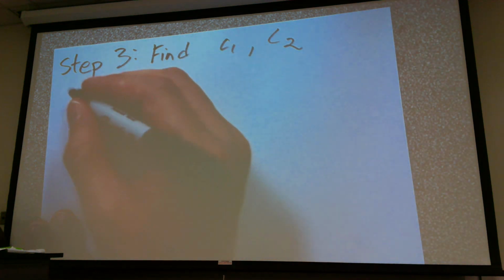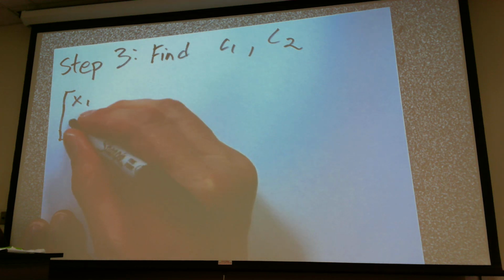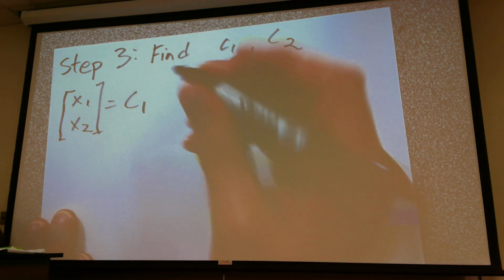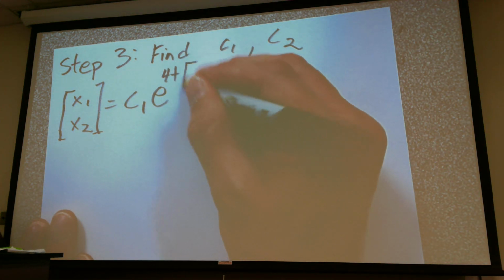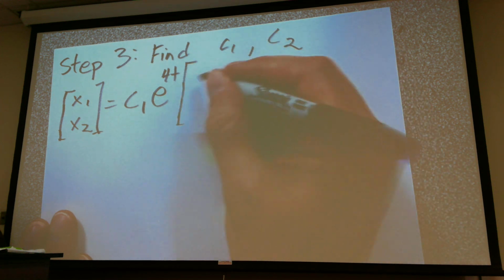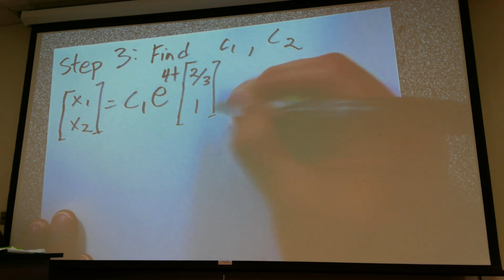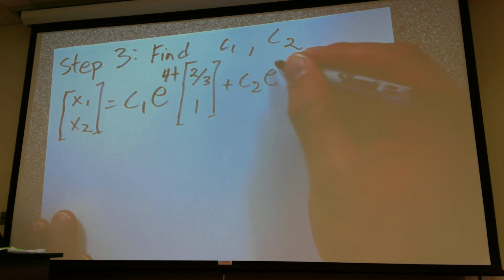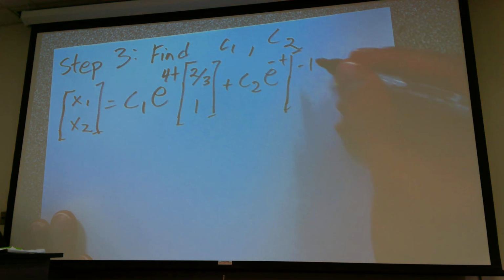Okay. So at this point of the problem, we have that x1, x2 is going to equal C1. Now, what was my first eigenvalue? It is e to the 4t. Okay. And that's going to be multiplied by 2/3 and 1. And then plus C2, this would be e to the minus t. Now multiplied by negative 1 and 1.